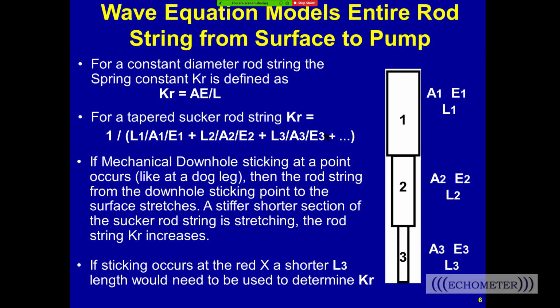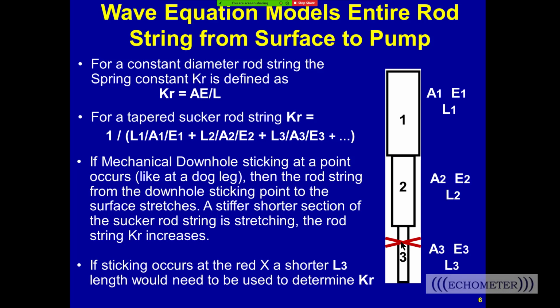Now, this equation assumes that the rods are being stretched from the end of the rod string by the pump load, and if the rods are stretched by a shorter length, like it gets stuck right there, then the rod string is more difficult to stretch.